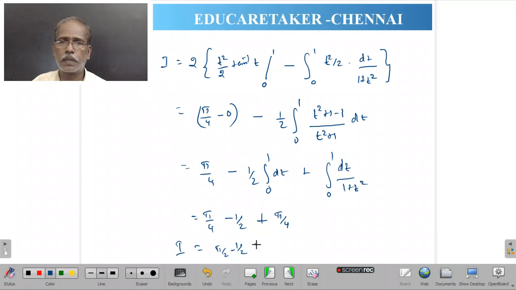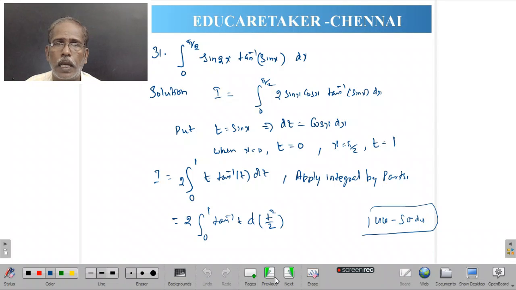Go through it. I will show the previous page. Actually this is the question: the integral from 0 to pi by 2 of sin 2x and tan inverse of sin x dx. I took sin x as t, and dt would be cos x dx. To get cos x dx, we have to expand sin 2x using the trigonometric identity.